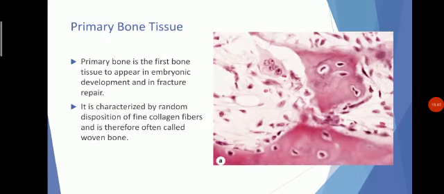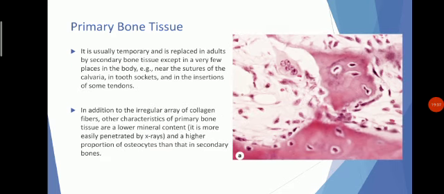Primary bony tissue. Primary bone is the first bone tissue to appear in embryonic development and in fracture repair. It is characterized by random disposition of fine collagen fibers and is therefore often called woven bone. It is usually temporary and is replaced in adults by secondary bone tissue except in very few places in the body, for example near the sutures of the calvaria, in tooth sockets and at the insertion of some tendons.